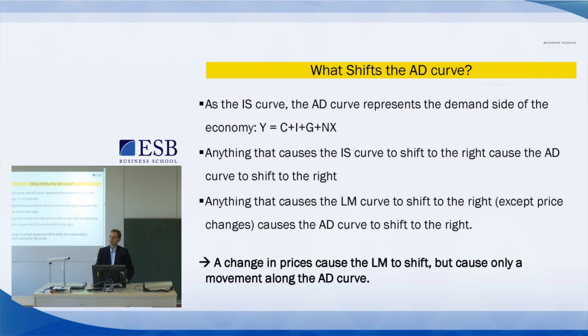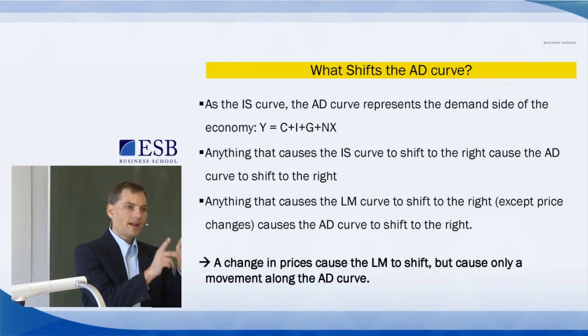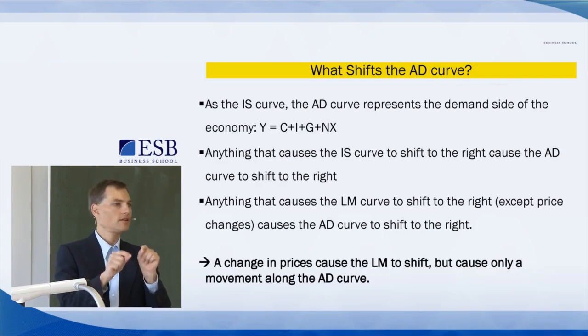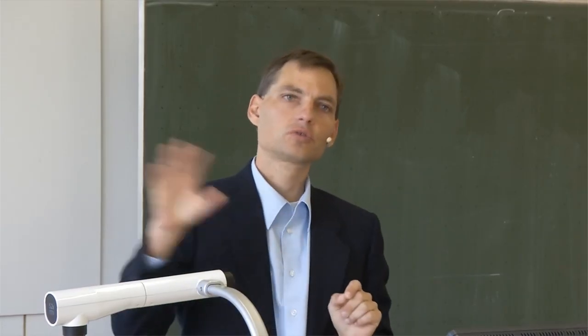Now we have to discuss, as we already did in the ISLM model, what are the factors that shift the curve to the left and to the right? Well, this is quite simple, because all the factors you already know that are shifting the IS or the LM curve to the right will shift the AD curve to the right.